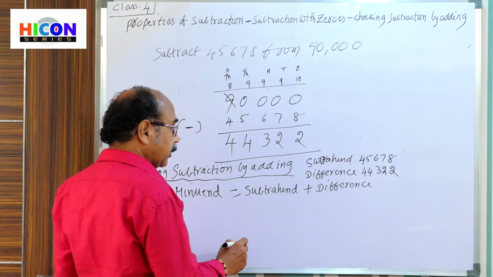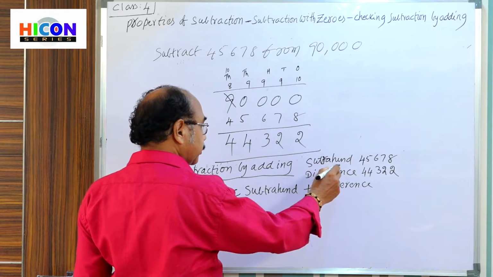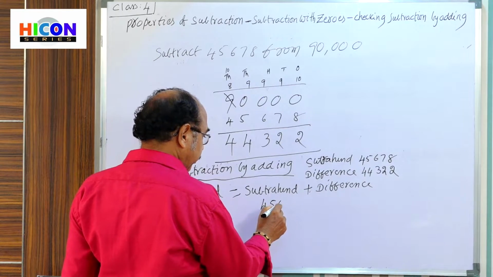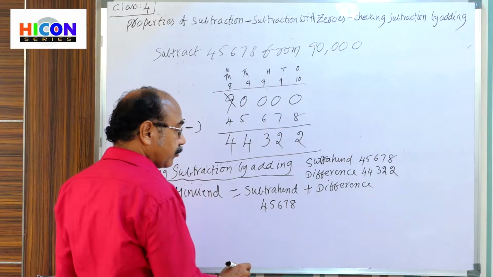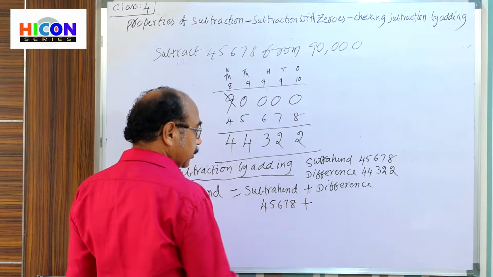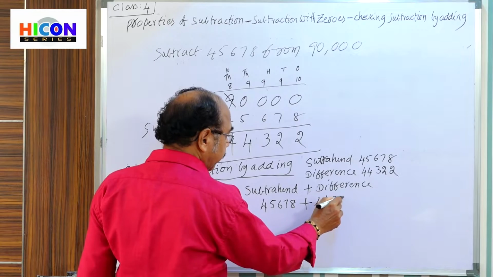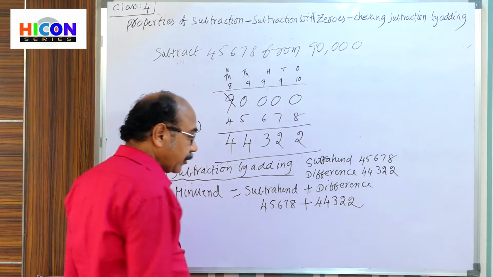Okay, children. Subtrahend is 45,678 plus the difference 44,320.